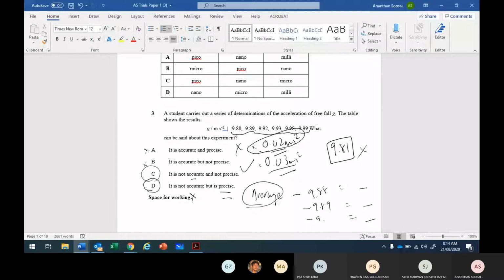But it could be precise within 0.03, and we can say precise within 0.08. So they have to mention which scale they're going to use. If they never mention this, it is difficult for us to say it is precise or not. Okay, any other question?